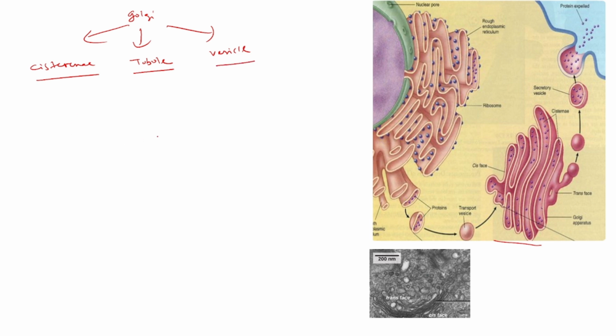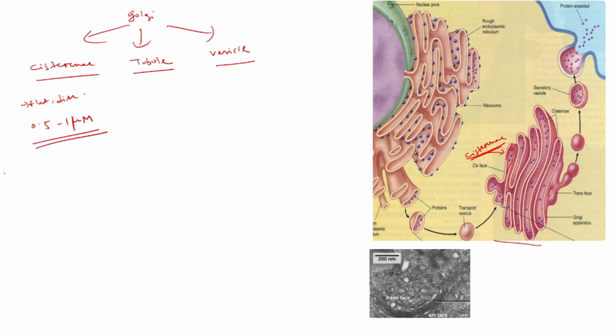The cisternae is a flat, long, disc-like structure, and its size is 0.5 to 1 micrometer.